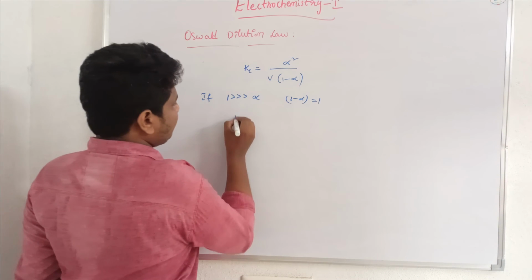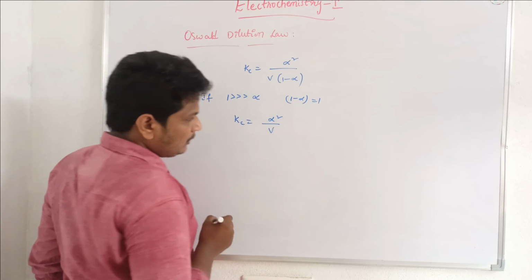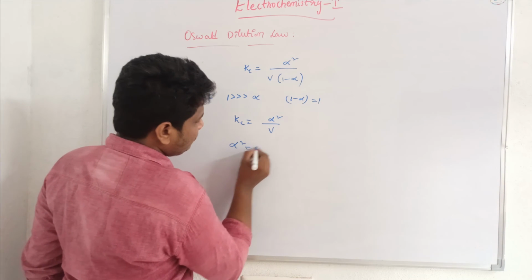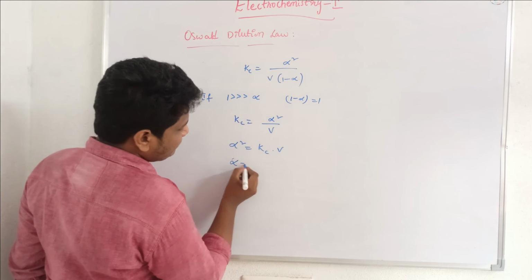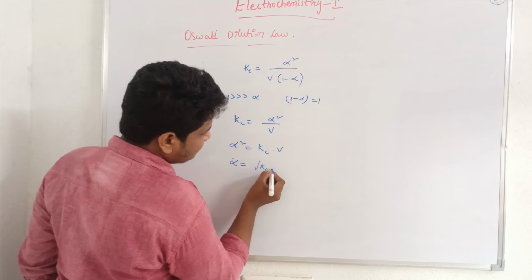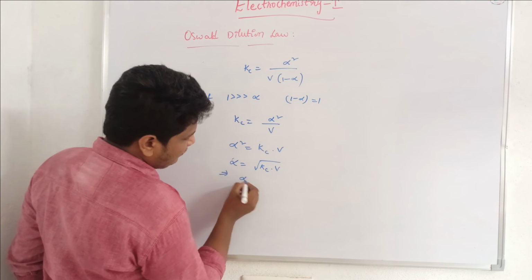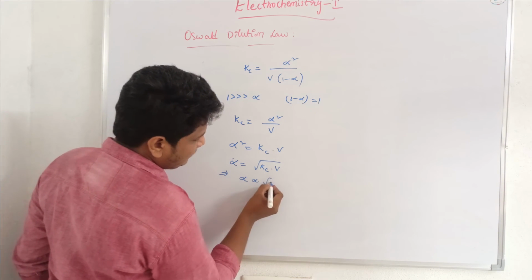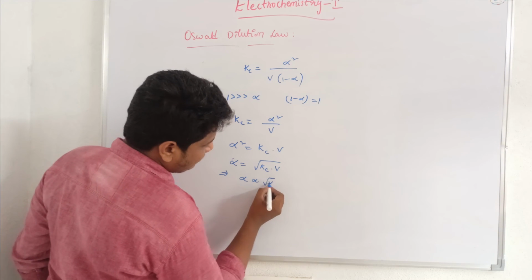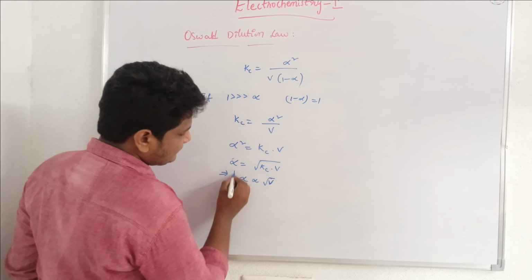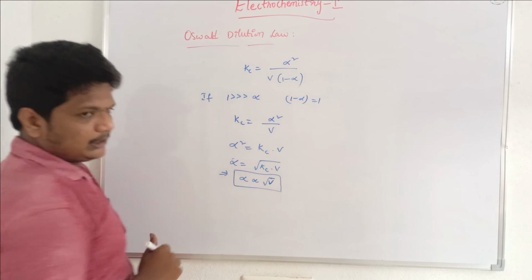In that case Kc is equal to alpha square by V, where alpha square is equal to Kc into V, so alpha is equal to the square root of Kc into V. It can be written as alpha is directly proportional to the square root of V. So this is the second form of Ostwald's dilution law.